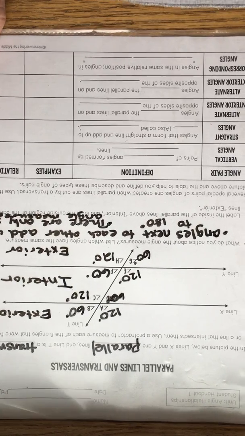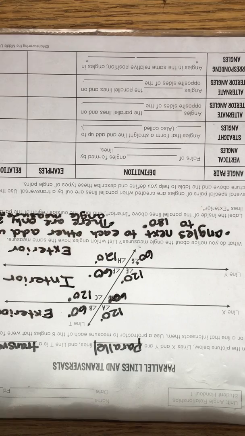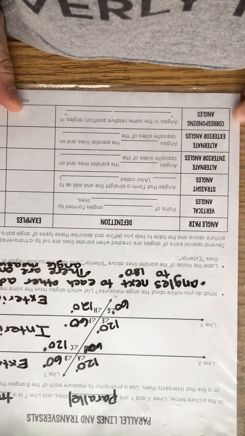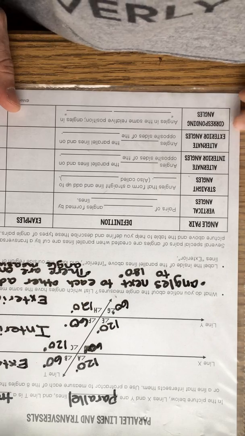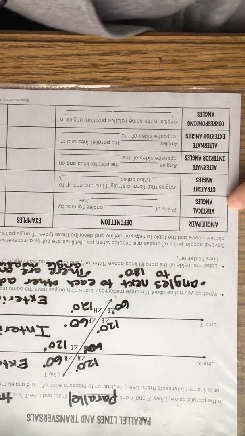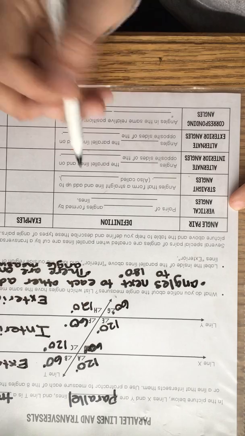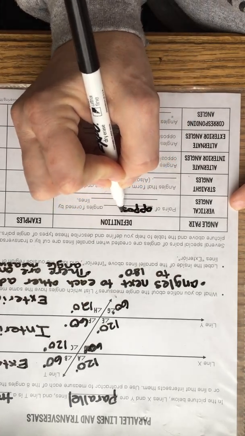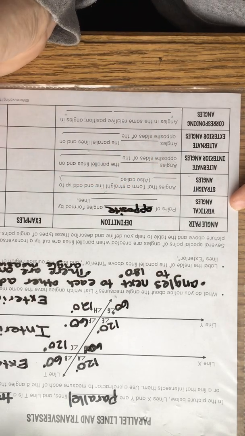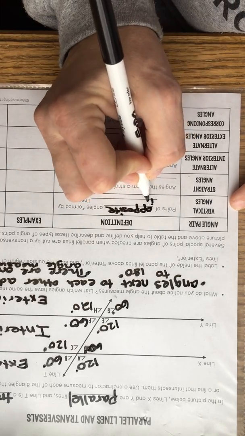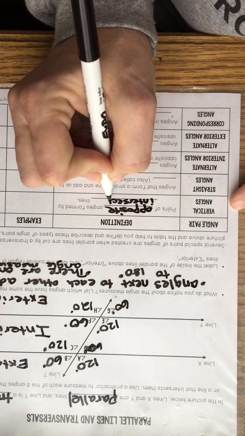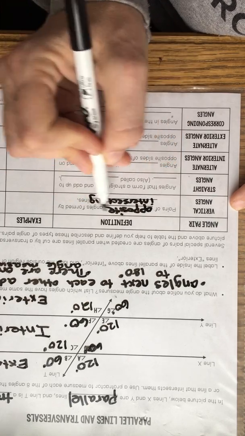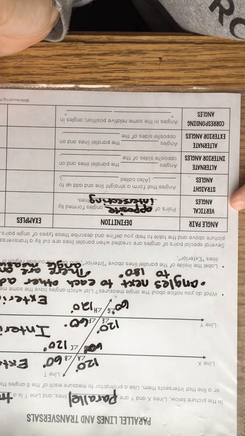All right. Now let's go down to we have a couple different relationships that we're going to talk about. Vertical angles is our first one. And vertical angles are pairs of opposite angles formed by intersecting lines.